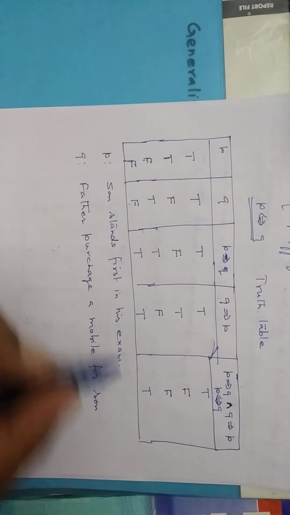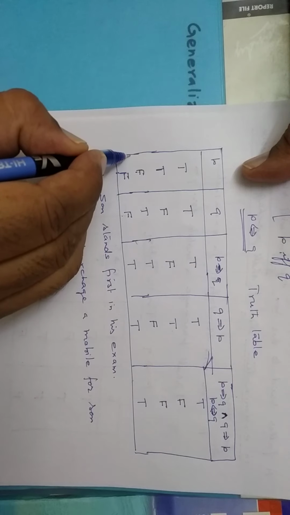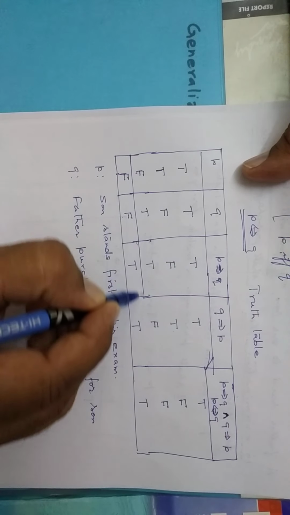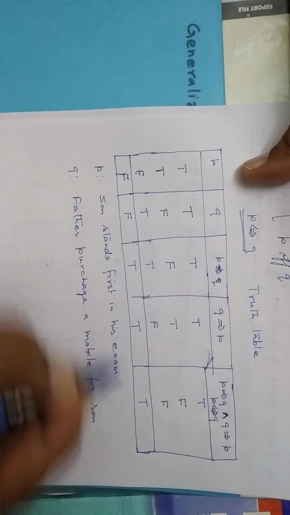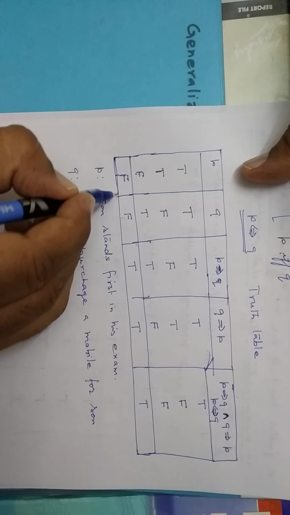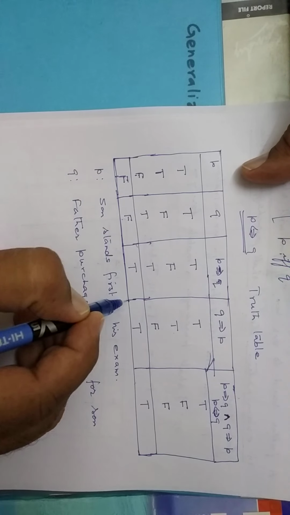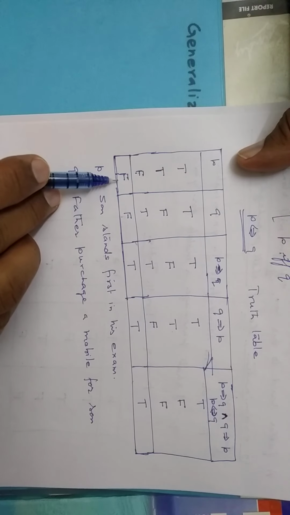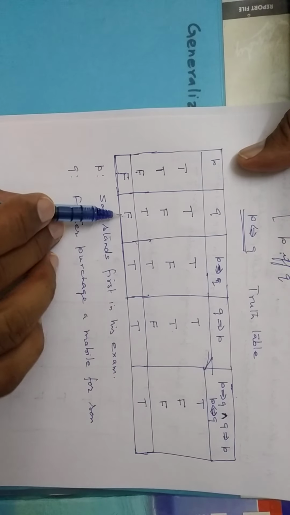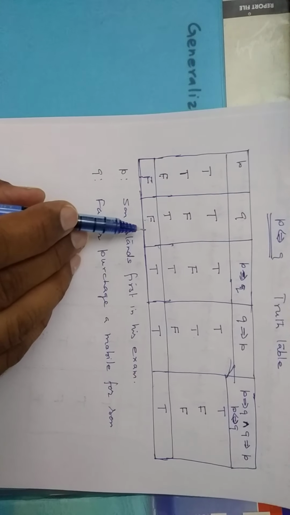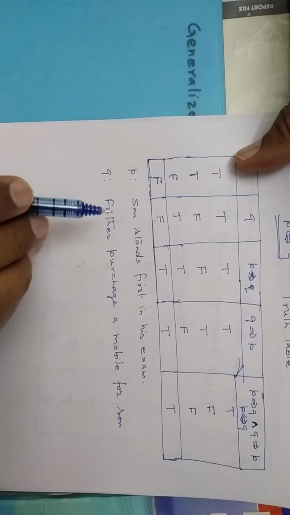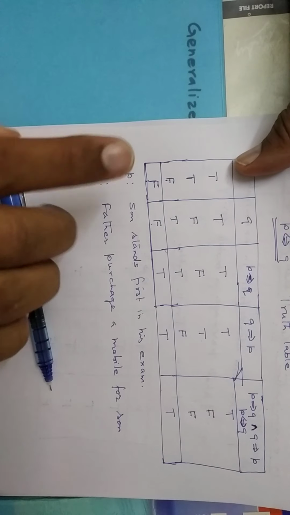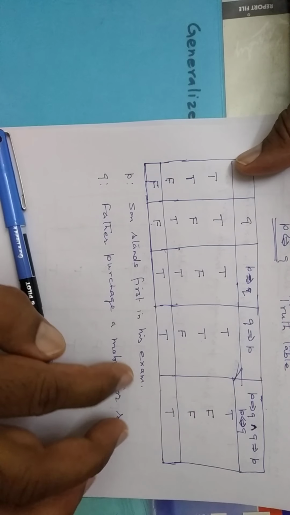If we consider this row, truth value P is false and truth value Q is also false. P is the statement son stands first in his examination.